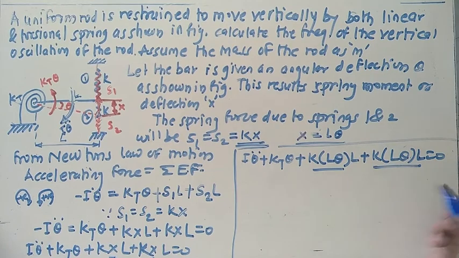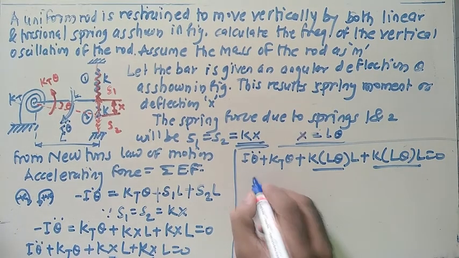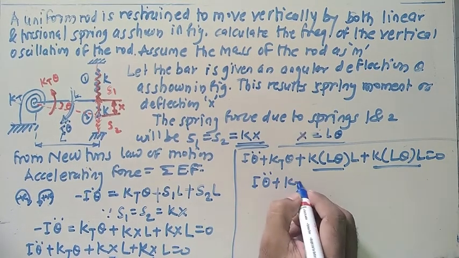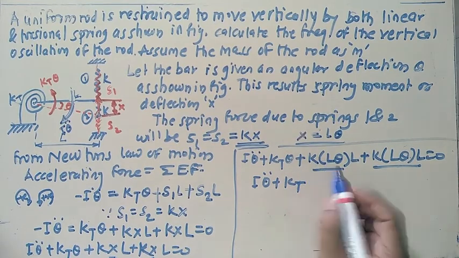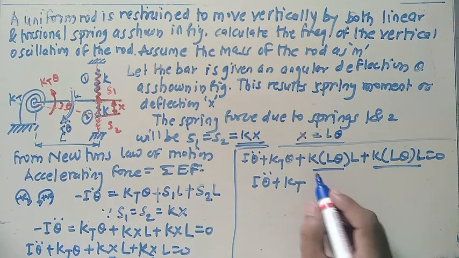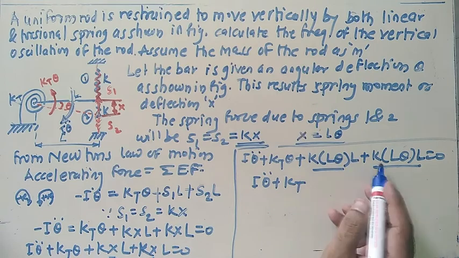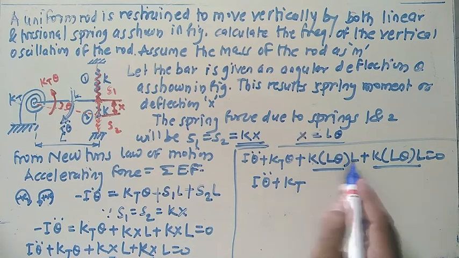This term is twice, so you can simply write this way. You can take theta also common, k multiplied by L square.